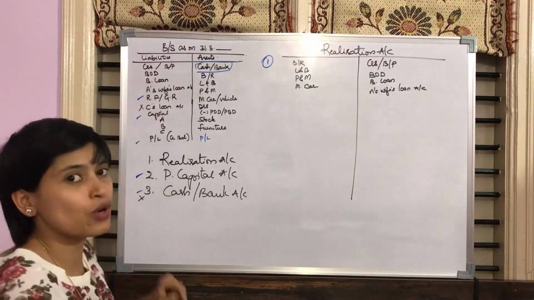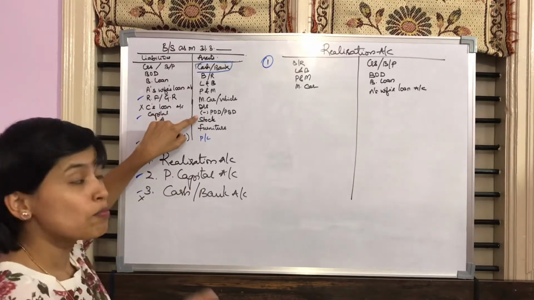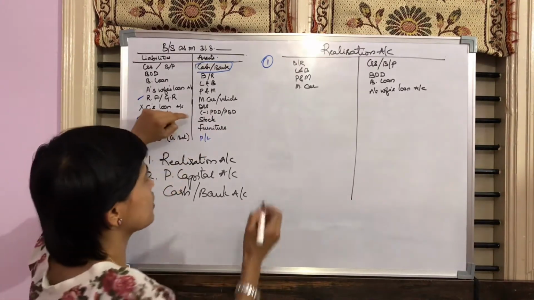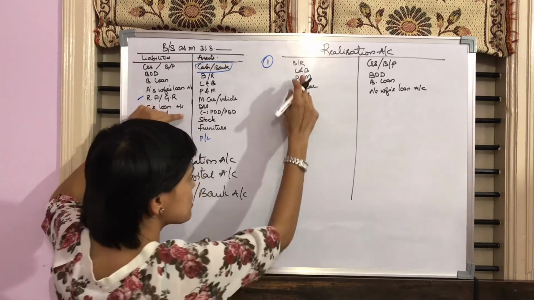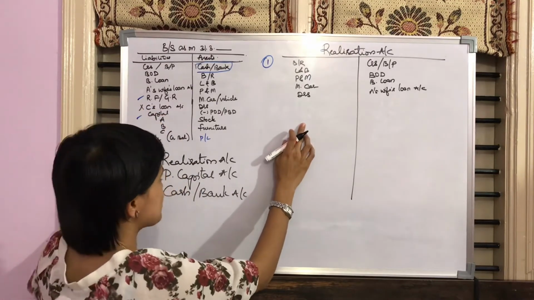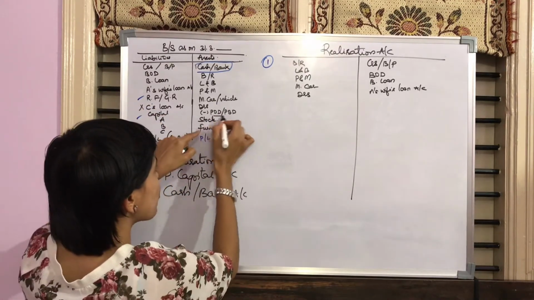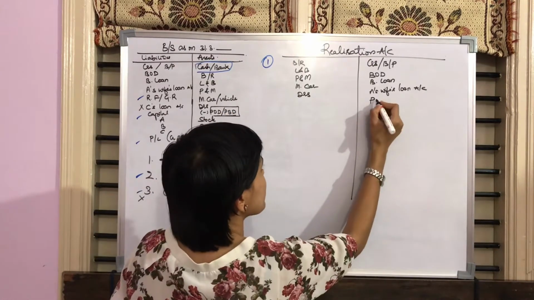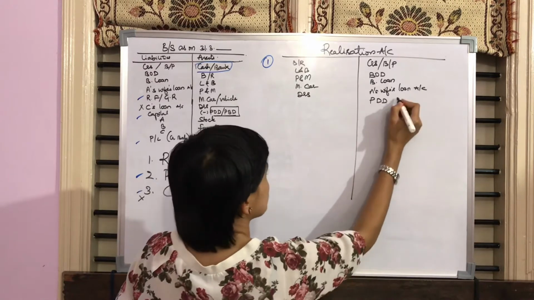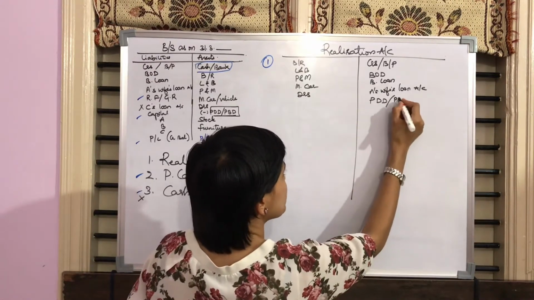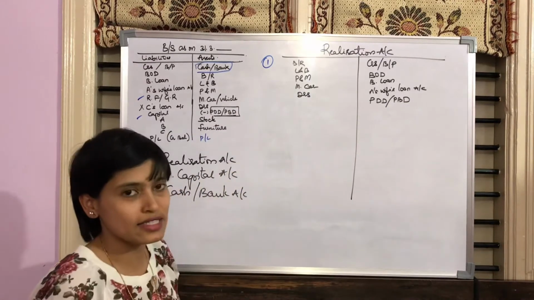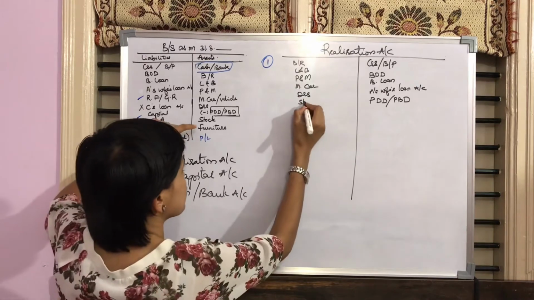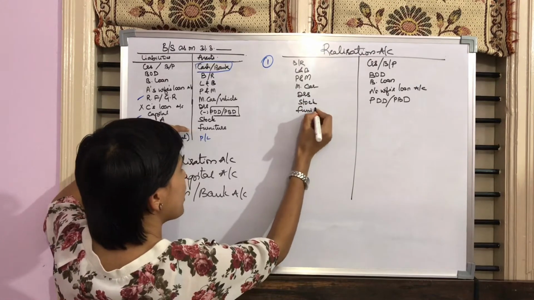Now in case you have debtors minus provision for bad debts and provision for doubtful debts, write debtors on the debit side, whereas provision for doubtful debts or bad debts you need to show on the credit side of the realization account. This is how you are going to close the account. The next item being stock, furniture and so on.